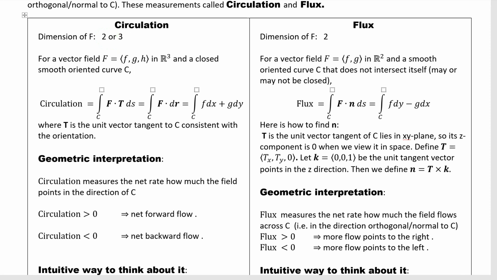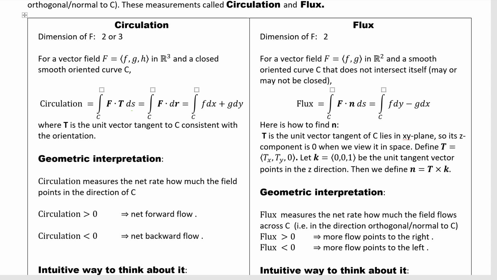Okay, so suppose a vector field F is (F, G, H) in R3 and we have a closed, smooth oriented curve C, then the circulation equals the integral of F dot product with the unit tangent vector T ds. Okay, so this is F dot product with the derivative of the displacement. T is the unit tangent vector to C consistent with the orientation.